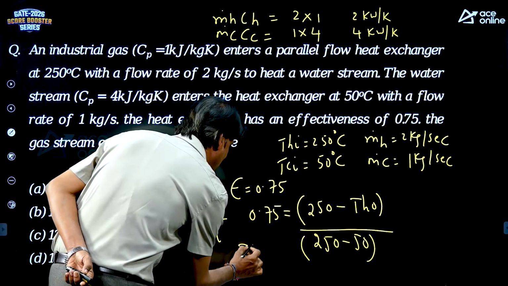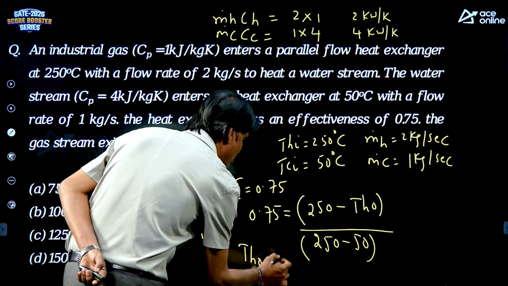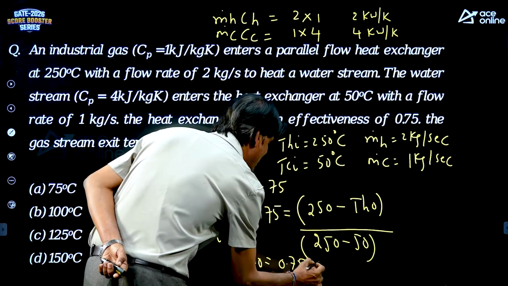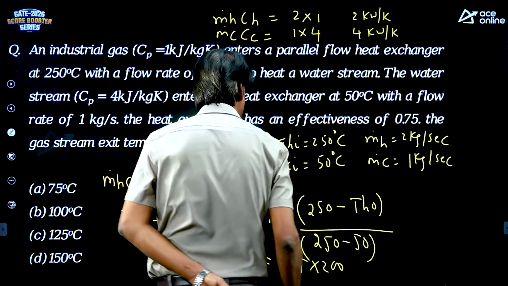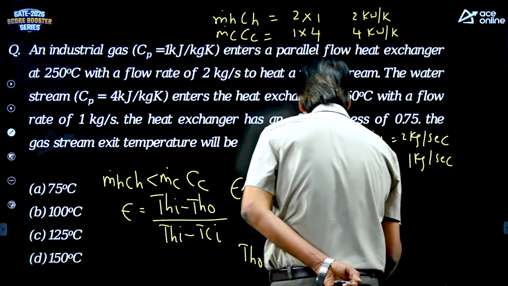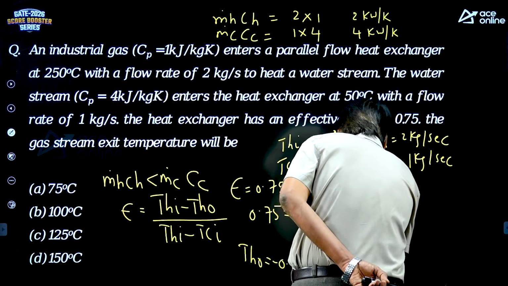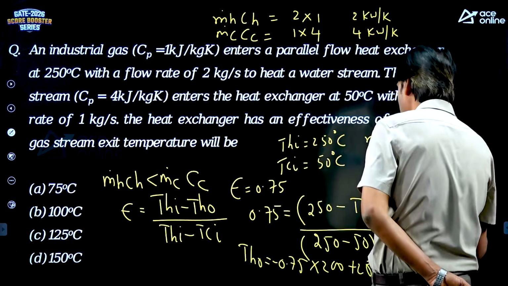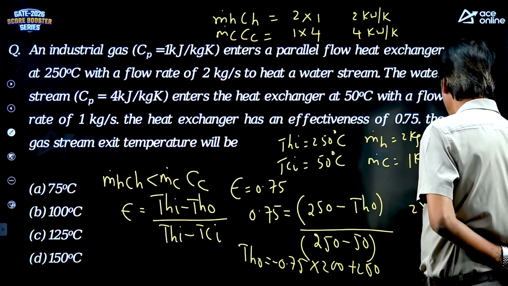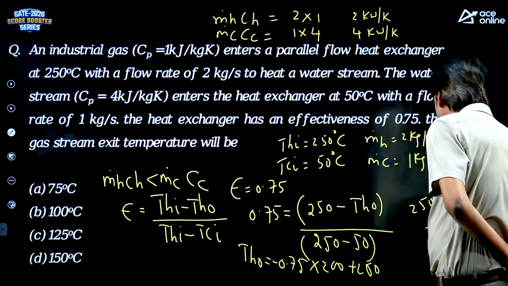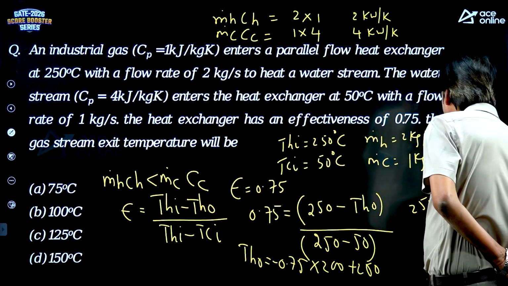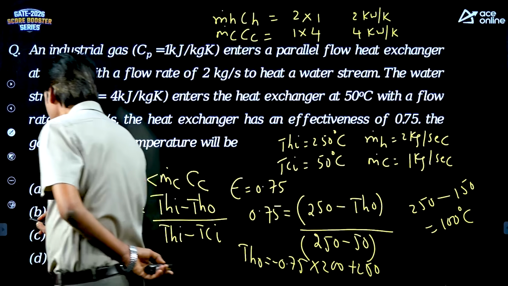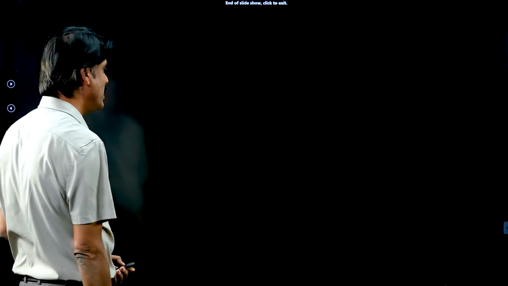So, you will be getting THO is equal to 250 minus 0.75 into 200, which is 150, so 250 minus 150, the answer is 100 degrees centigrade. The gas stream exit temperature is 100 degrees centigrade.